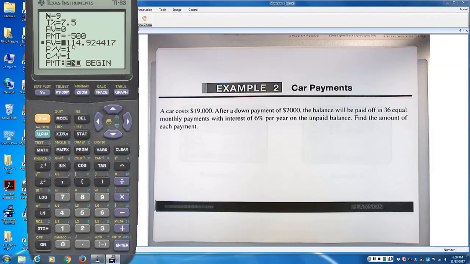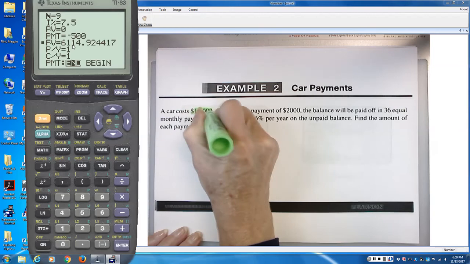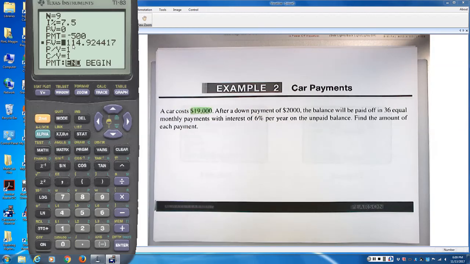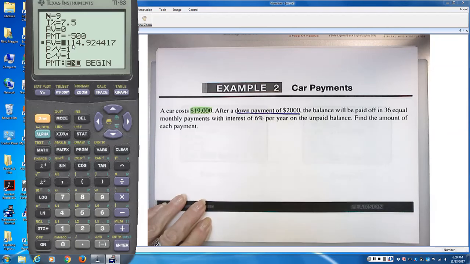Okay, if you're going to borrow the car, this is the actual cost of the car today. But that's not the present value, because you're actually only going to borrow $17,000.